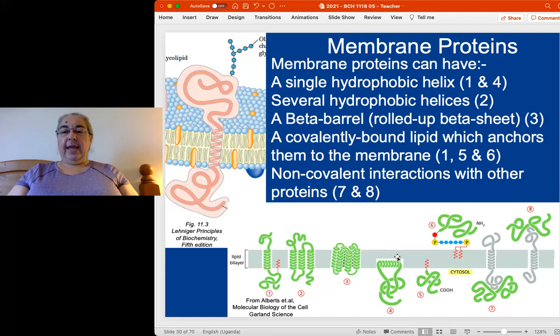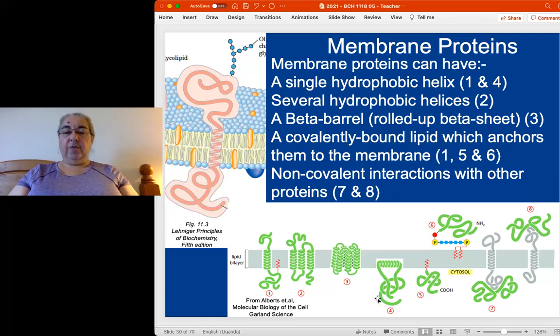Number 4 here is a peripheral protein that's anchored in the lipid by an alpha helix of hydrophilic amino acids, but this one's anchored just on one side of the membrane. Okay, so this one has parts on both sides of the membrane.